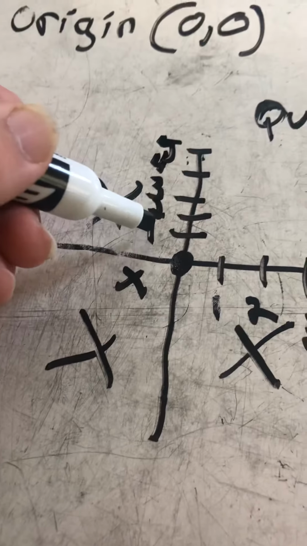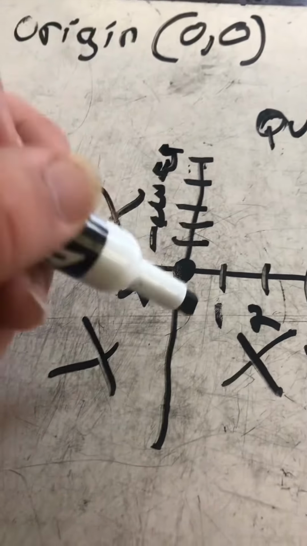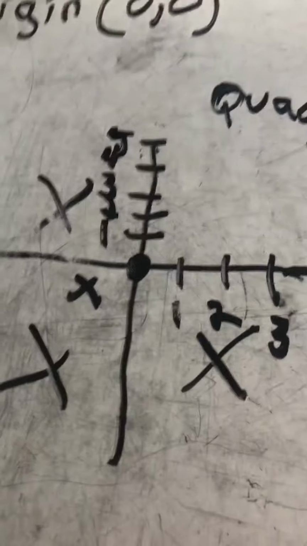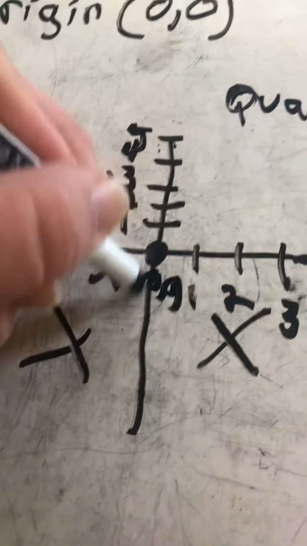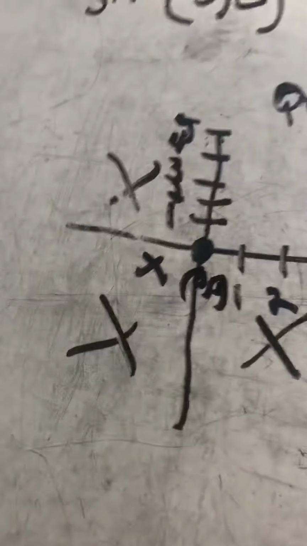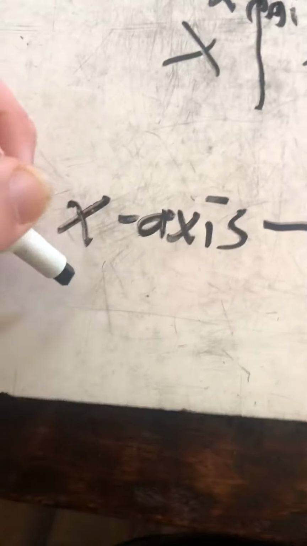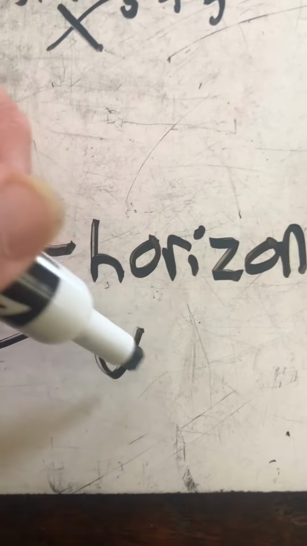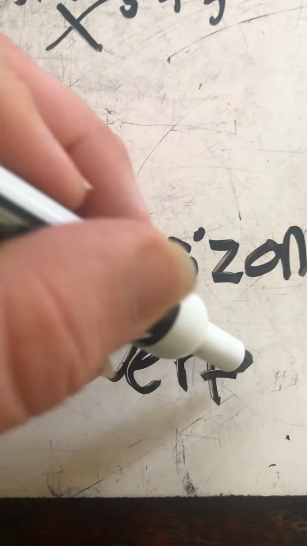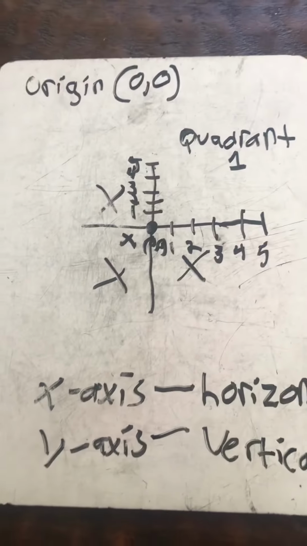One starts at the bottom and it goes up. One starts here and it gets bigger as it goes out. And this dot here is 0, 0, or the what? That's right, the origin. So now you have your y-axis, which is vertical. So that's what we got so far.